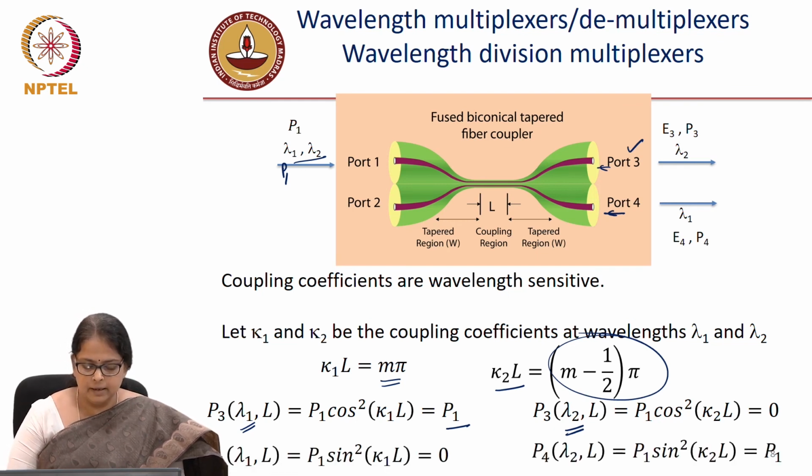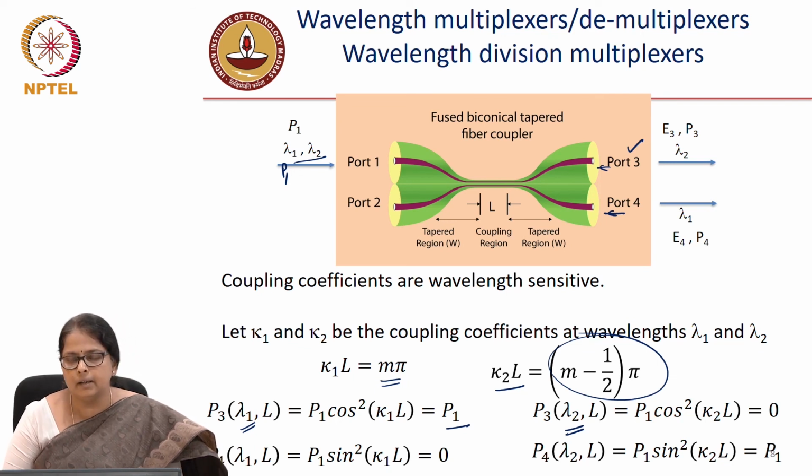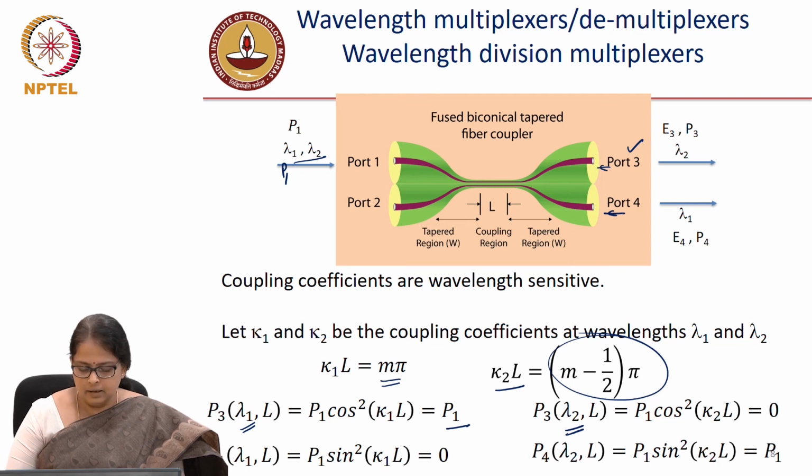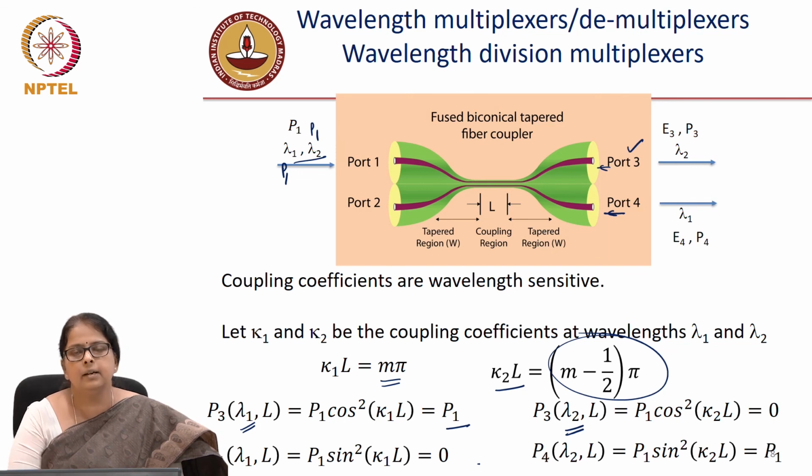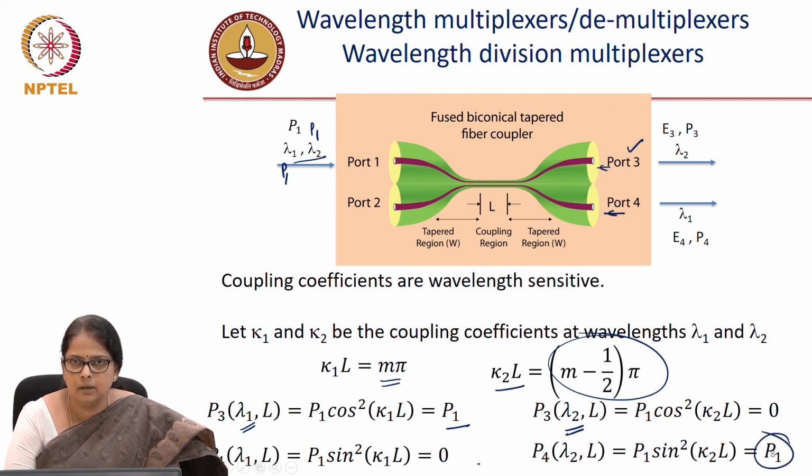Similarly, because of your choice of kappa 1 L and kappa 2 L, the power in port 4 at lambda 1 wavelength is 0, but at lambda 2 wavelength it is again P1. If P1 is the power in lambda 1 and P1 is also the power in lambda 2, you are sending the same power. So this is how a wavelength division multiplexer can be made.